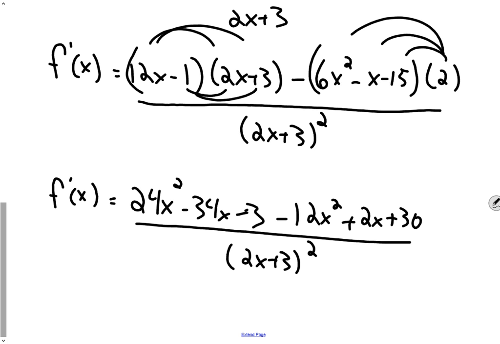This is actually factored. It's done already. It's nice and neat. Leave it alone. There's no sense doing FOIL on this big thing and then trying to simplify it because you'll just get this again.